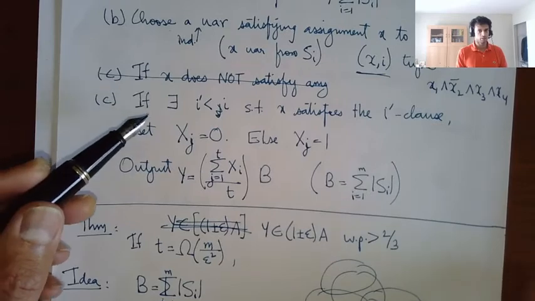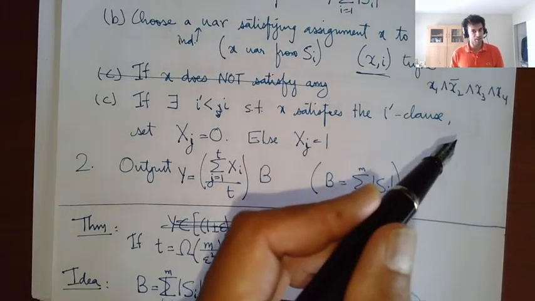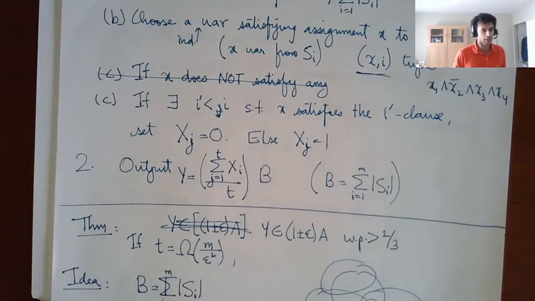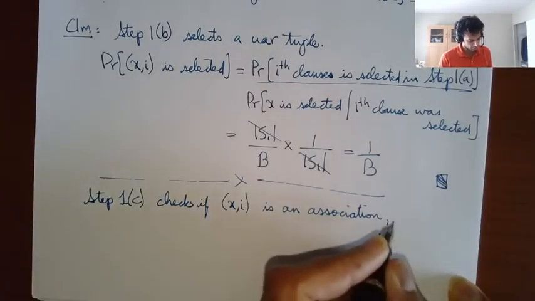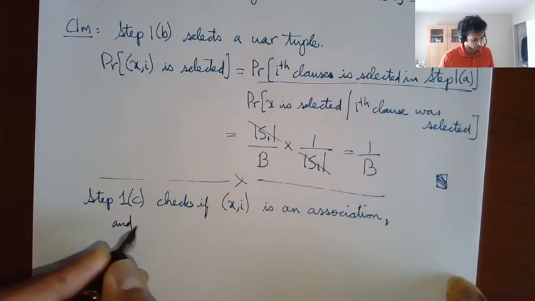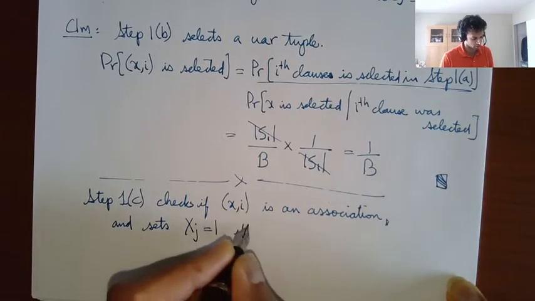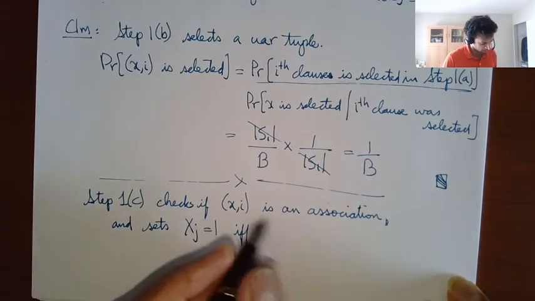It says if there exists any i prime less than i such that x satisfies the i prime clause, it's going to set that random variable xj, which is for the trial, to 0. Otherwise, it sets it to 1. So it checks if this is an association and sets xj to be 1 if and only if this is true.